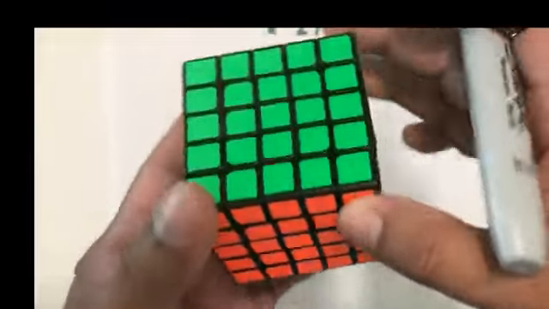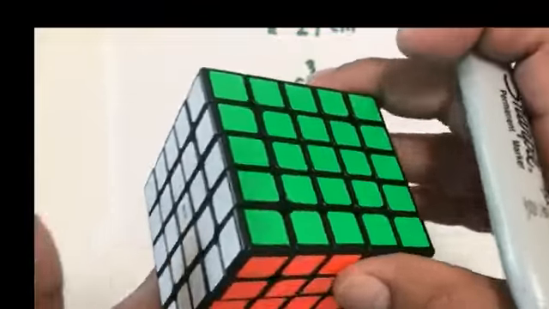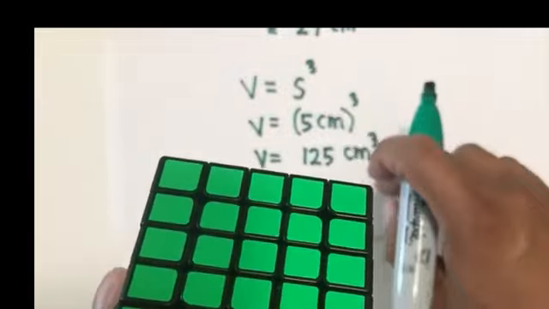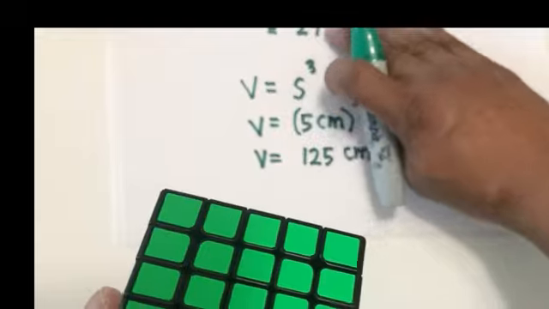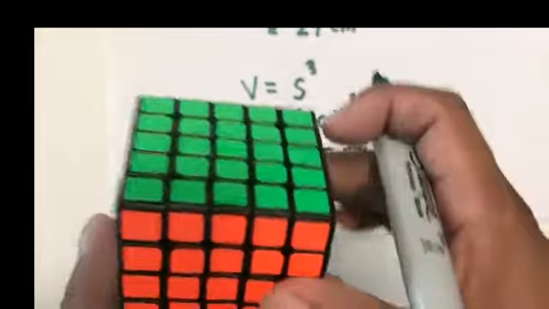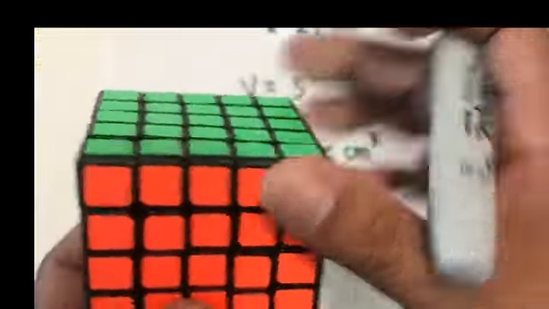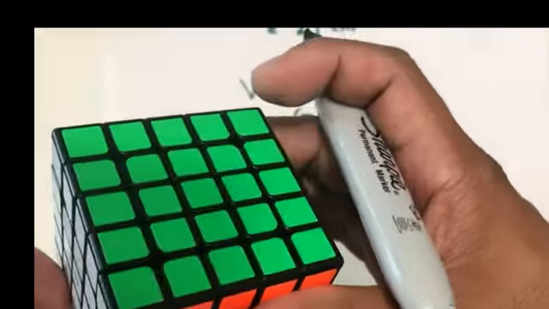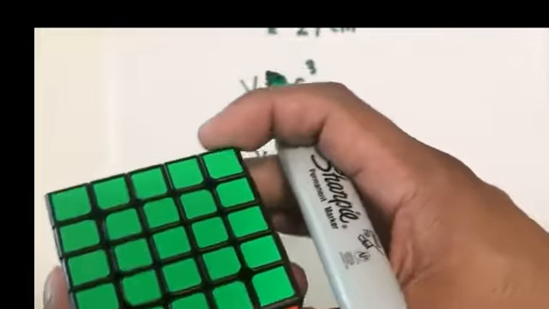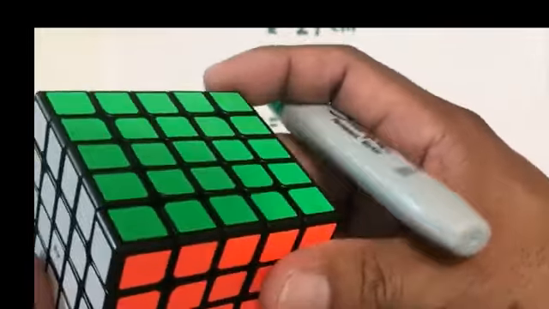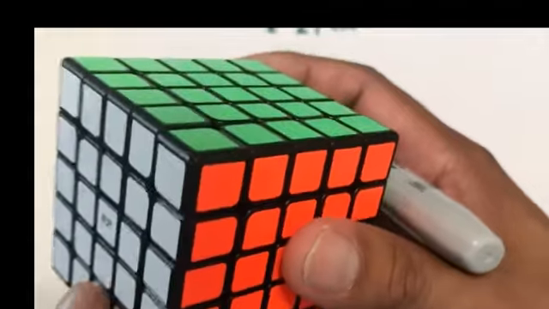It's the concept that I would like to emphasize here, because unless you understand the meaning of these units, you would tend to forget that unit. You would just write 27 or 125. Also, unless you can visualize in your head what the meaning of volume is, in future applications of volume, let's say in calculus or your other subjects, you will not be able to picture that in your mind unless you really understand the concept of volume.